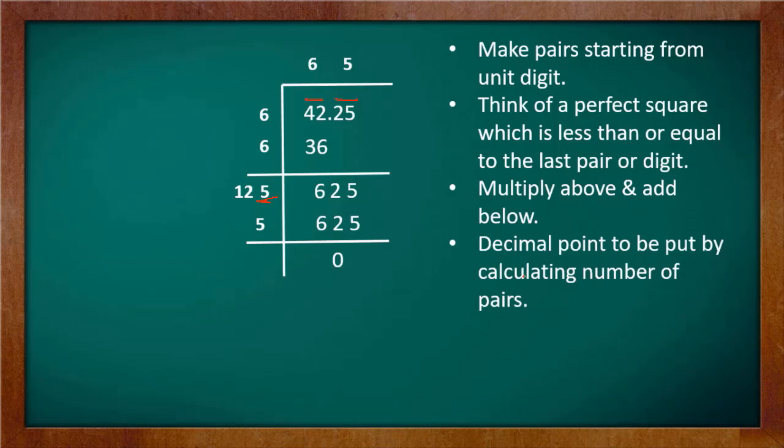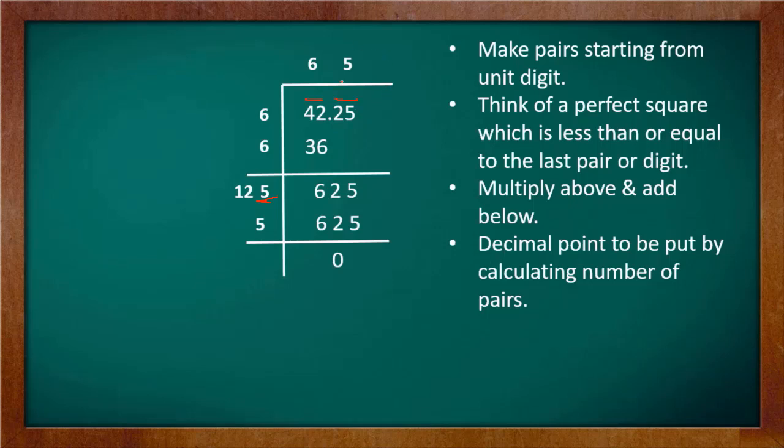Now let's come to the last step, the decimal point. As I have told you, this is the square root of a decimal number. So in the starting we forgot about the decimal point. Now how to put a decimal point? So calculate the number of pairs after the decimal point in the given question. So how many pairs are there? 1. Okay.